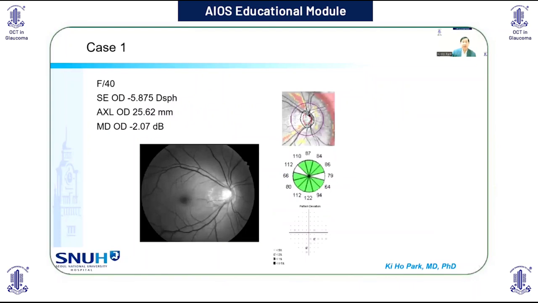This is a case with minus 5.8 diopters, moderate myopia with axial length of 25.62 millimeters. And mean deviation was -2, so it's an early glaucoma case. And you can see there are red areas in the deviation map.